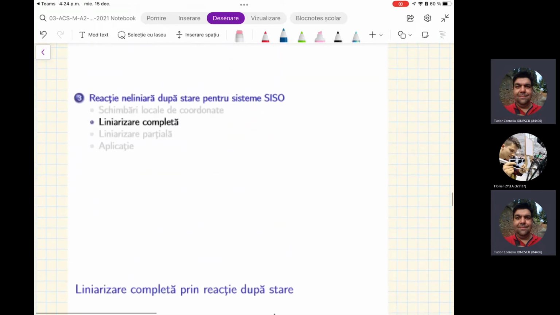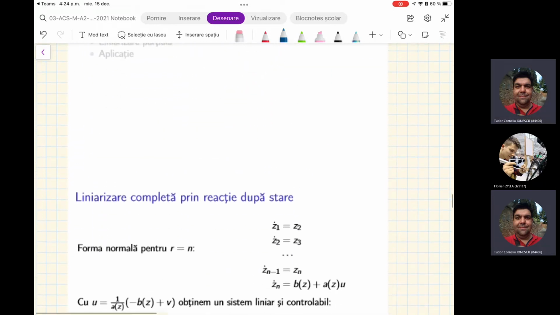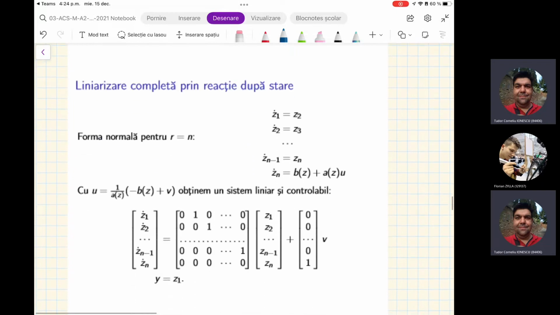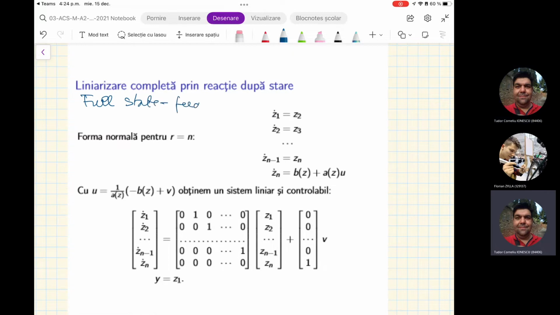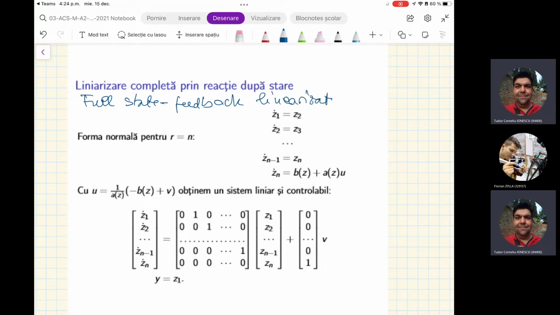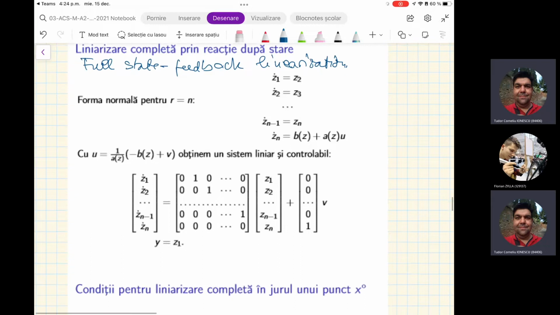Now, full state feedback linearization. So the normal form for r equal to n, so relative degree equal to n.